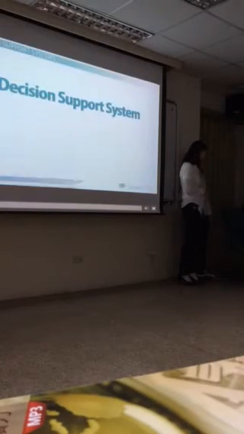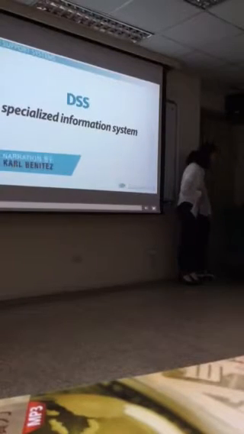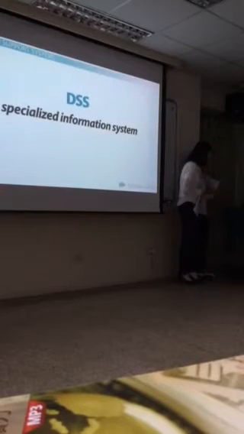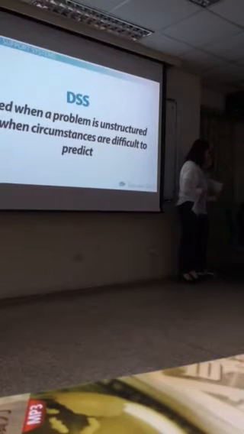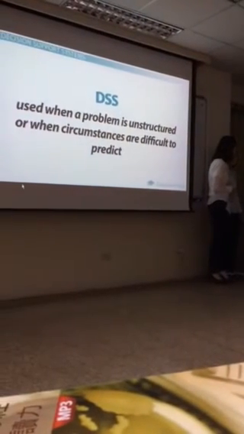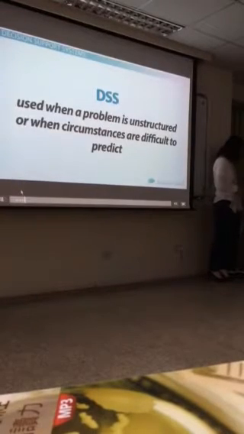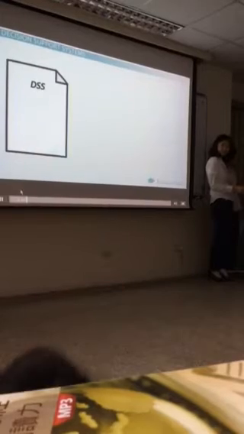A decision support system, or DSS, is a specialized information system specifically designed to facilitate the decision-making process in the operations of organizations. Compared to other types of information systems, a DSS is typically used when a problem is unstructured or when circumstances are difficult to predict. A DSS may include other types of systems.